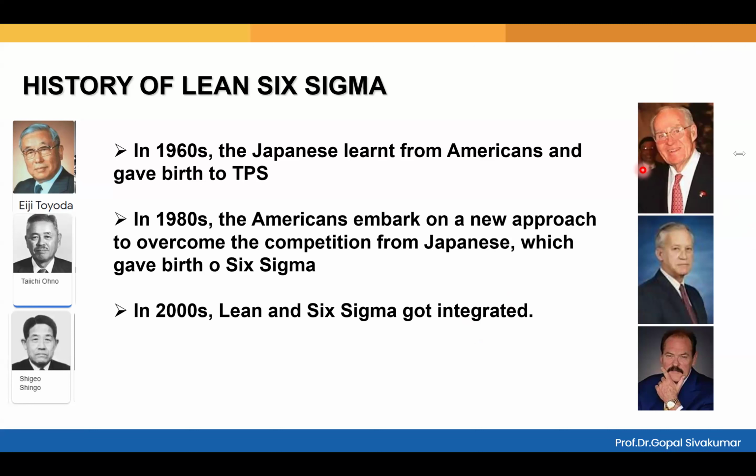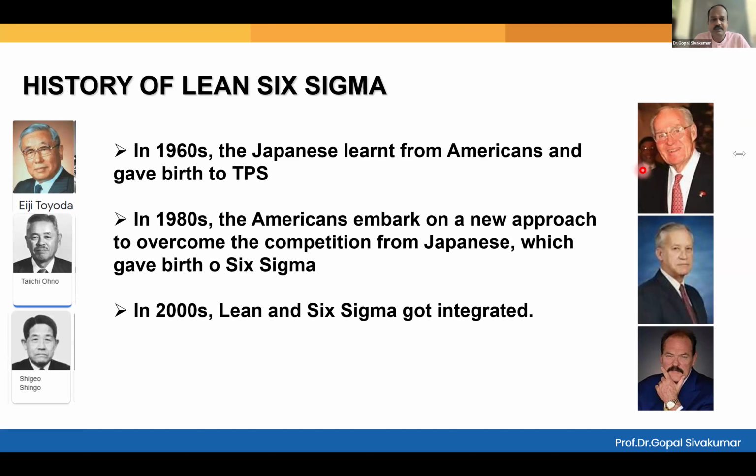So all companies started embracing both Lean as well as Six Sigma almost after the year 2000. Companies started deploying them together, and a new method was born, which is the integrated approach, Lean Six Sigma.